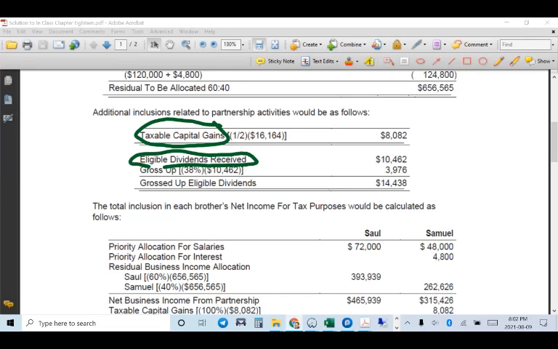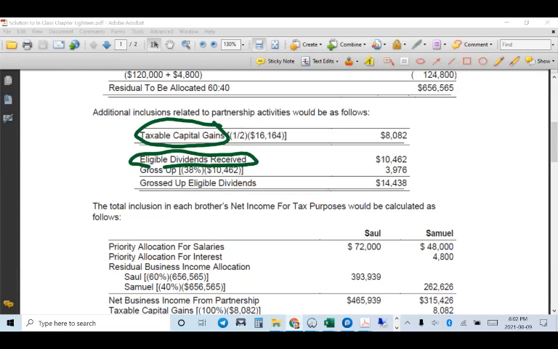Flip to the next page. It gave you the business meals, the amortization, the charitable contributions, all that stuff was on the top of page 903. Tells you what CCA to deduct.